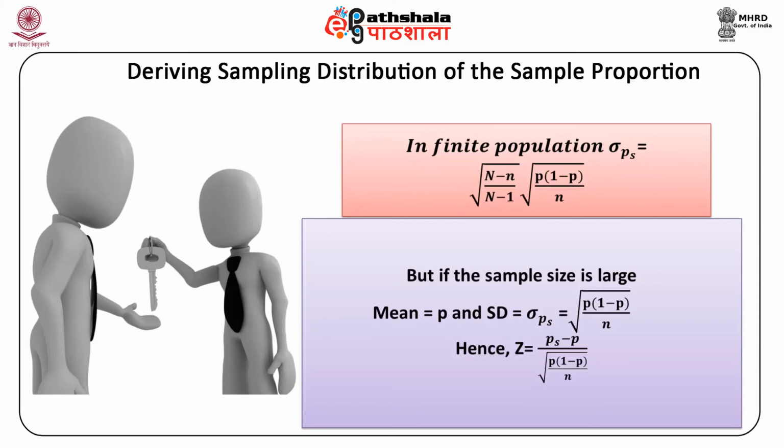The sample size is considered large if both np and n into 1 minus p are greater than or equal to 10. Accordingly, the formula for Z can be written as Z is equal to ps minus p upon under root of p into 1 minus p upon n.